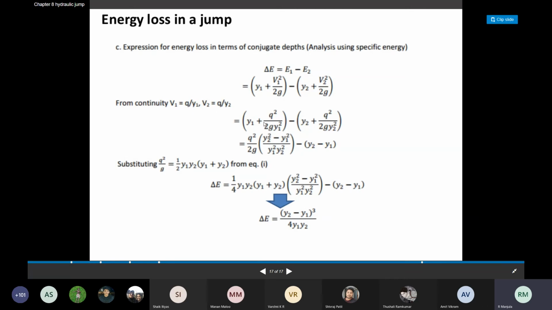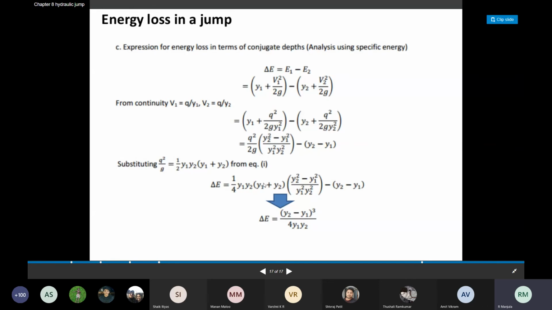I am substituting here: y1 plus Q square by 2g y1 square, minus y2 plus Q square by 2g y2 square. I am taking Q square by 2g in common, and you will have y2 square minus y1 square divided by y1 square y2 square, minus this y2 minus y1.